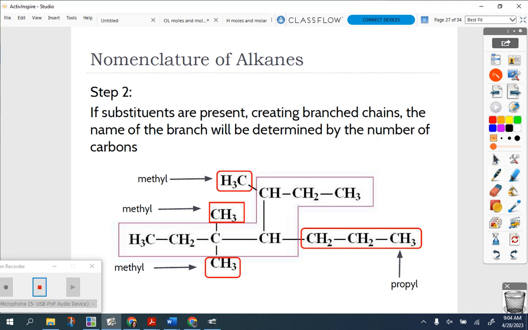If it's more than one, it's the number of carbons. So this is a propyl group because there's 3 carbons coming off of the main chain. So I have 3 methyl groups and 1 propyl group coming off of the main chain. But just knowing that doesn't tell me where they're coming off, so I have to go further.